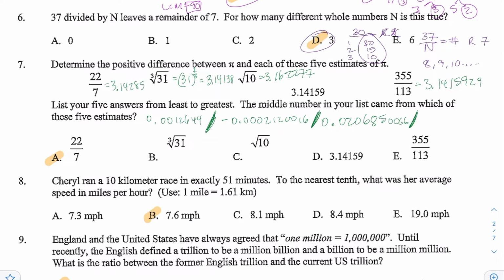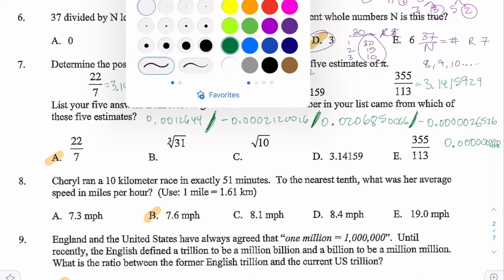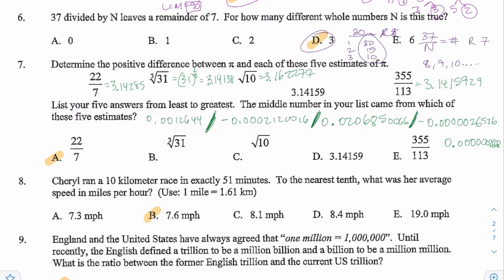Next, for just 3.14159, subtract pi, you have negative 0.00000026536. And for the last one, 355 divided by 113, when you subtract pi, you have 0.000002668. So you want to then order these from smallest to biggest.